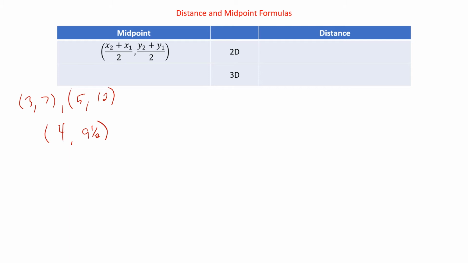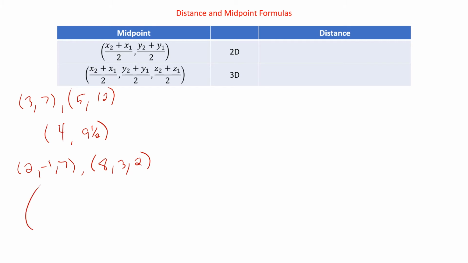So that's 2-dimensional. If we want 3-dimensional, we do the same thing, we just have z as well, because we have that ordered triplet instead of an ordered pair. So if we have a couple points, let's say 2, -1, 7, and 8, 3, 2.